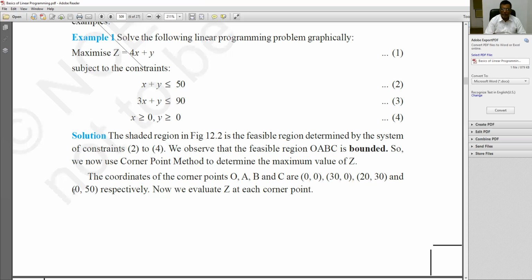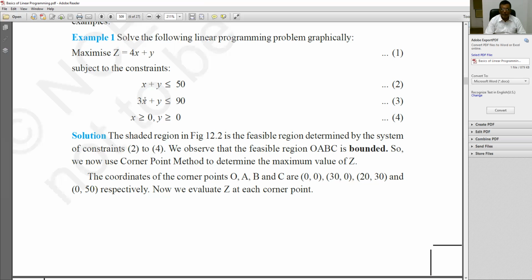See here, this is the result: 0, 50. If you put y is equal to 0, then x is equal to 50. Then we will be finding 50, 0, means x is equal to 50, y is equal to 0.